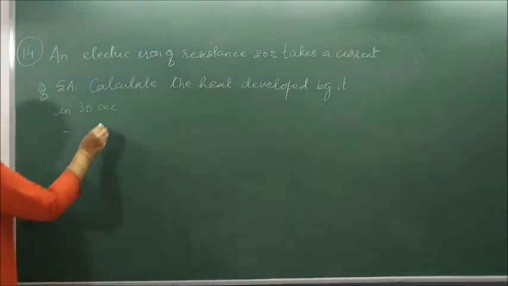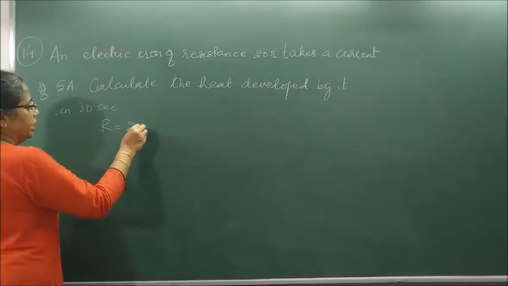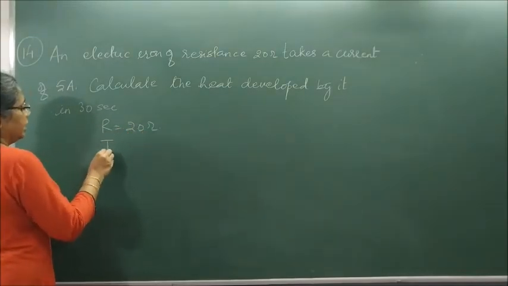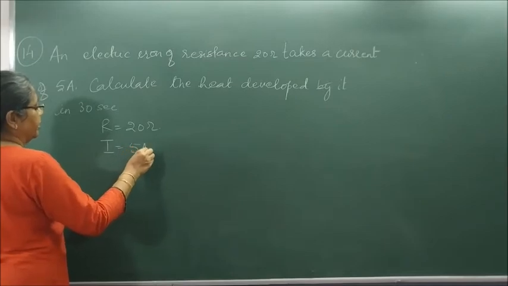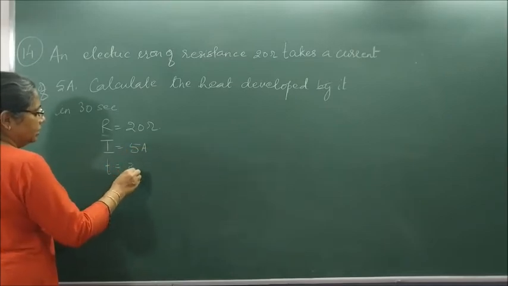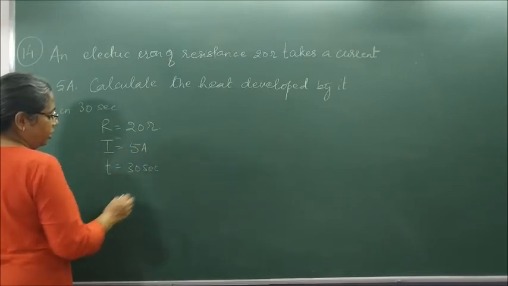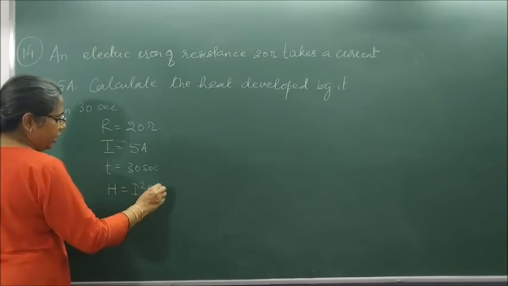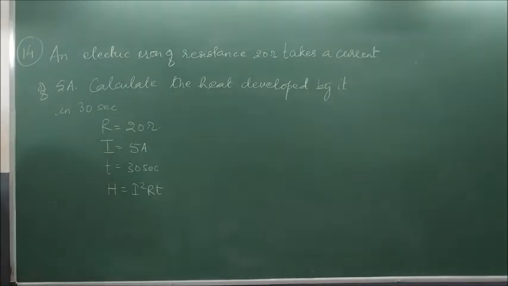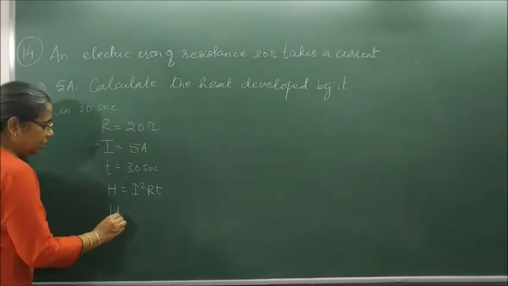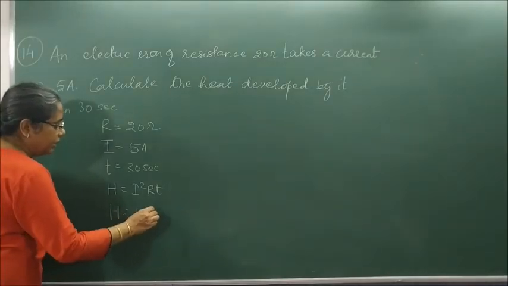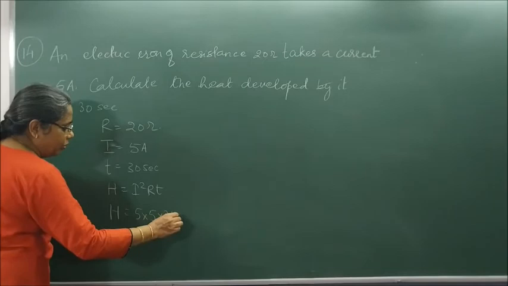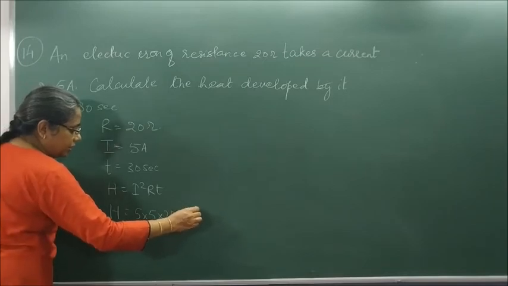You have R given as 20 ohms, I given as 5 ampere, and time given as 30 seconds. What is Joule's law of heating? H is equal to I square RT. So H is equal to 5 into 5 into 20 into 30.